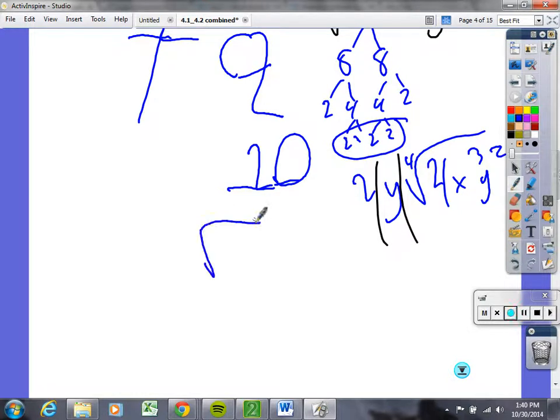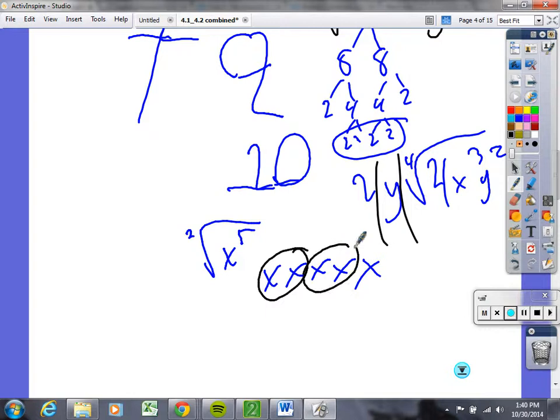Okay. Well, once again, it's the square root of x to the 5th, and so once again we're saying to ourselves we need pairs, right? Buddies. What is x to the 5th? X, x, x, x, x. A lot of x. So therefore I'm grouping them. Right? So an x gets to come out, so does another x, so that's why it's x squared, with one guy still being in there.